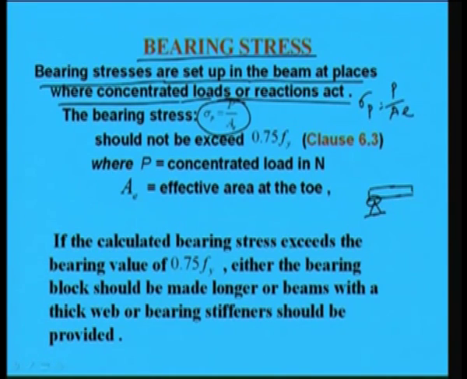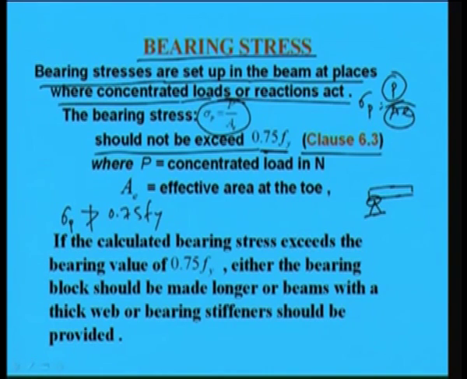Where P is the concentrated load in Newton, and AE is the effective area at the toe. This bearing stress sigma P should not exceed 0.75 Fy, and this is defined in code IS 800 1984 in clause 6.3.